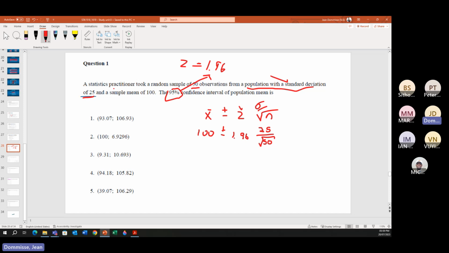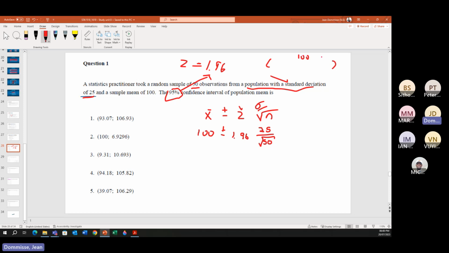Okay, so before I even look at these numbers, I wanted to show this to you. Whatever we subtract is the same value that we will add as well. So your 100 will be in the middle.